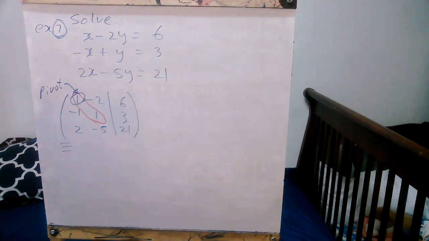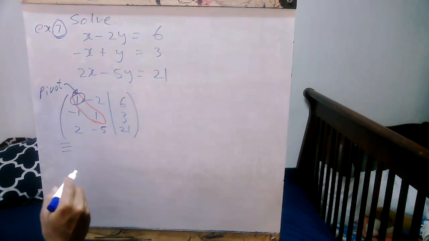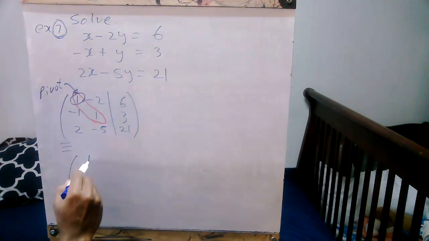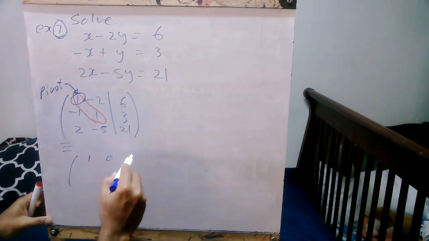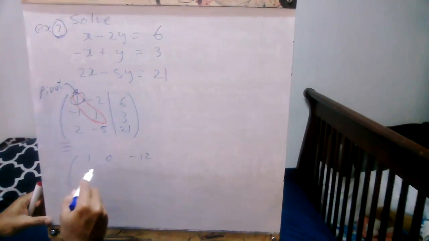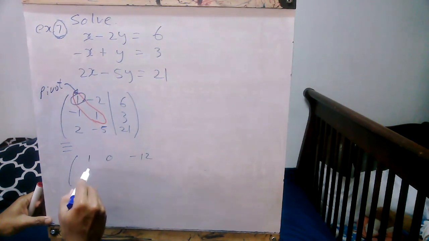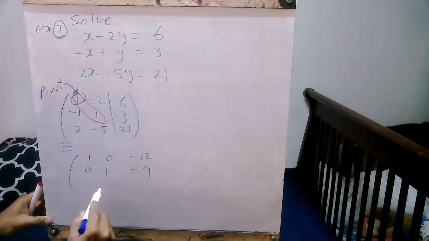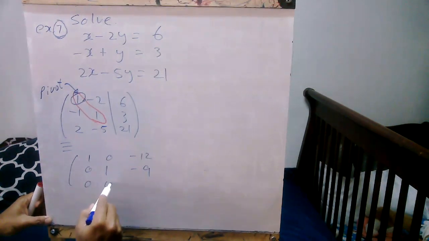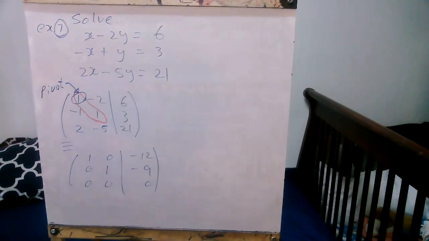When we make this and this 0, you will get 1, 0, -12, 0, 1, -9. Last row all zeros.